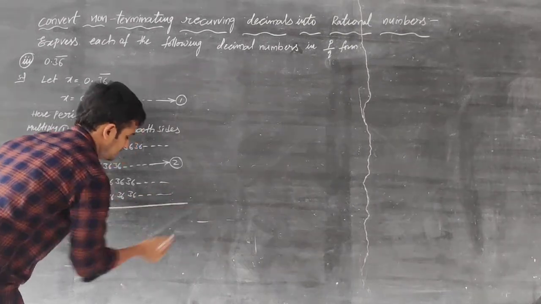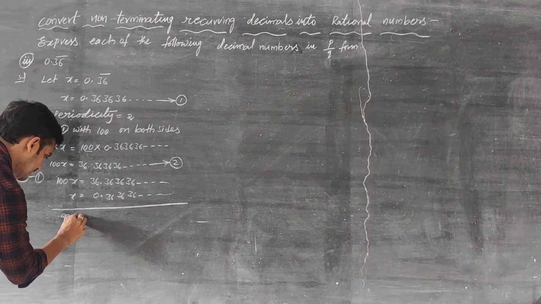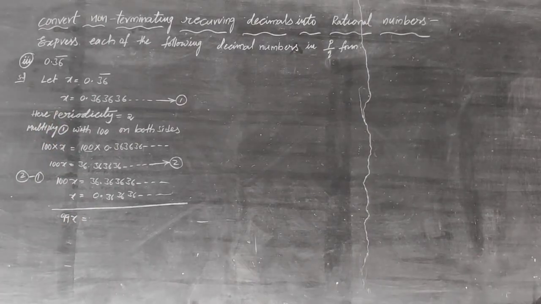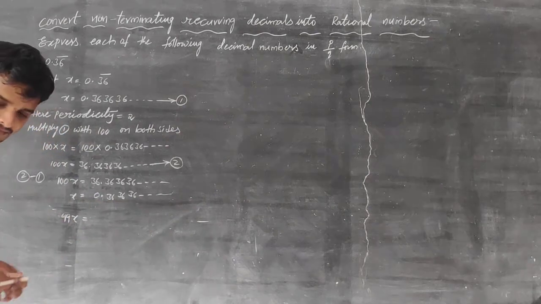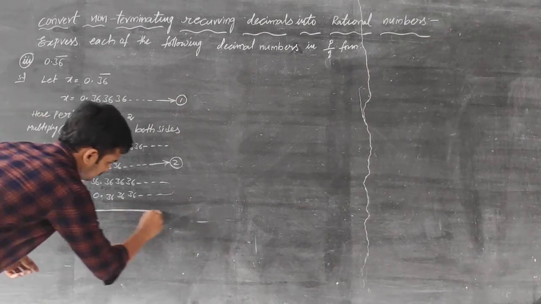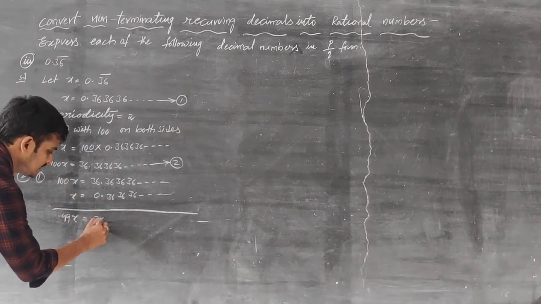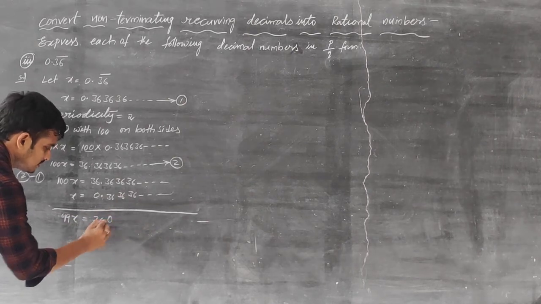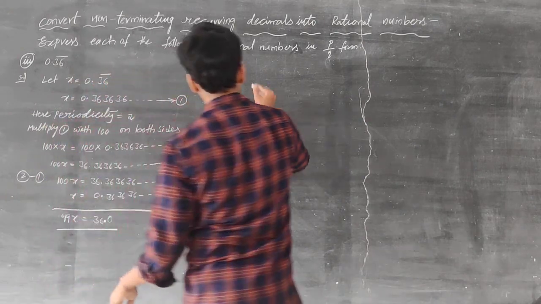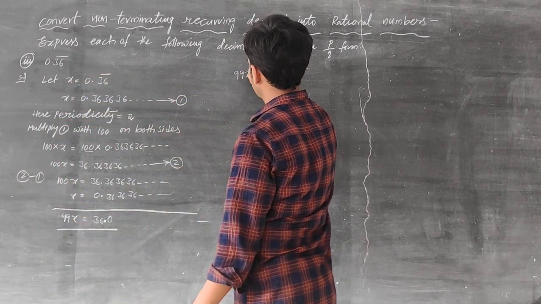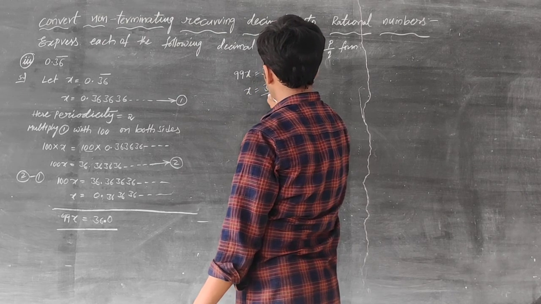Now we are subtracting: 100x minus x is equal to 99x. 36 minus 0 is 36, remaining 0 0 0 0, 36 minus 36 is 0. So here 99x is equal to 36, x is equal to 36 by 99.